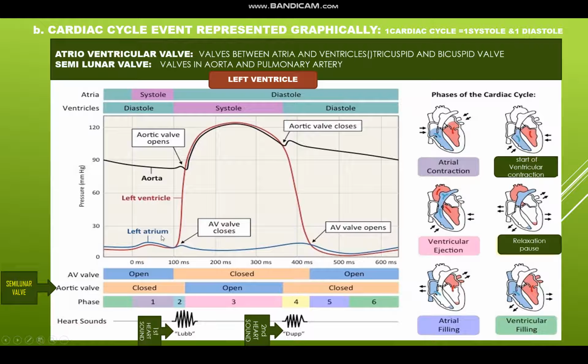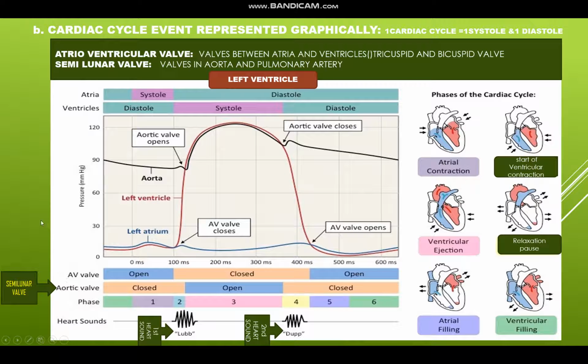Okay. Now here you can see that it is also showing at which segment of the cardiac cycle the atrioventricular valve opens. So it opens when the left atrium is pouring its contents into the left ventricle. And then when the ventricles are contracting, at that time the atrioventricular valve closes, so it will prevent the backflow of the blood into the atria.